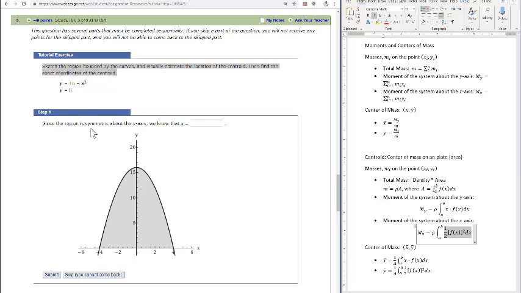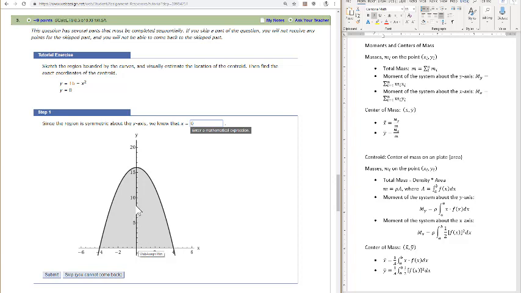Alright, so the region is symmetric about the y-axis, so we know that the x value for the centroid is going to be 0. And so that's going to save us some calculations. Visually, we should take a look at this, and we're assuming that rho, the density, is even over the whole area.